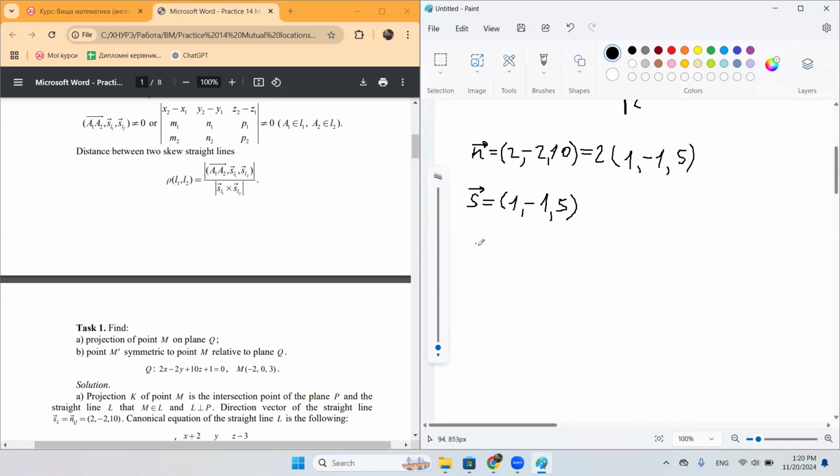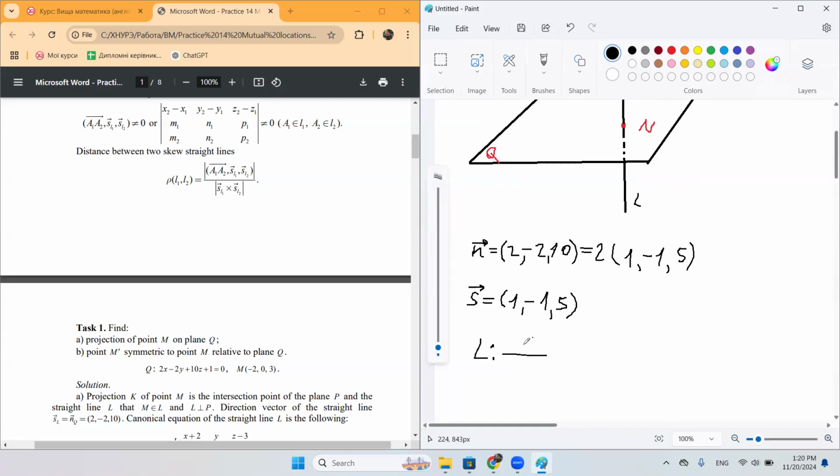Okay. So the equation of straight line L is the following: (x plus 2) by 1 equals y by minus 1 equals (z minus 3) by 5.